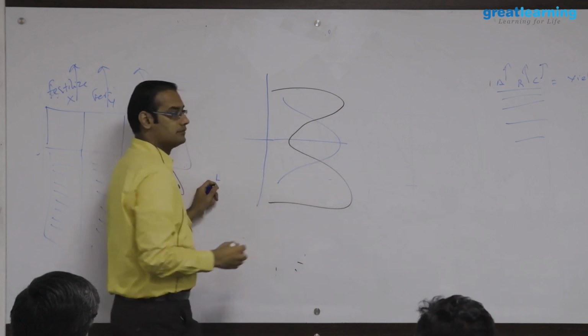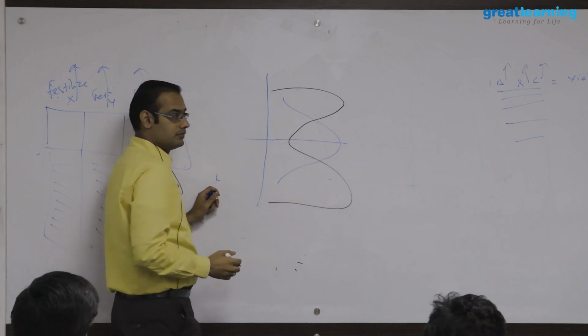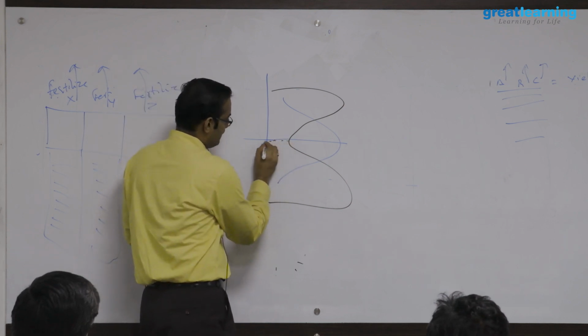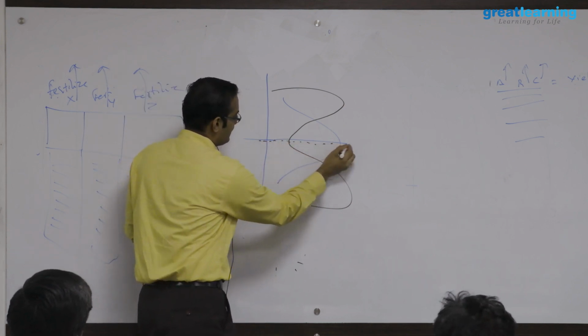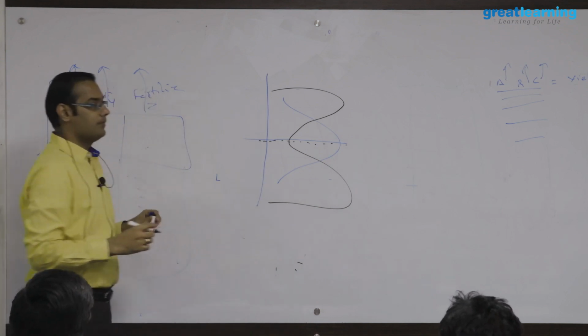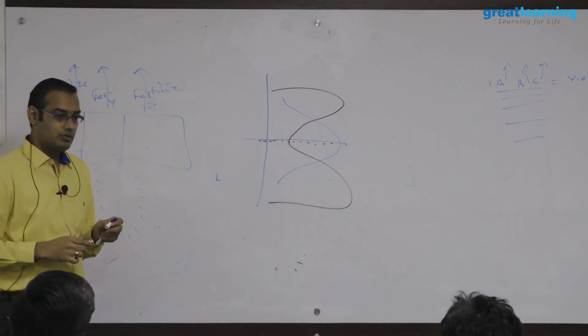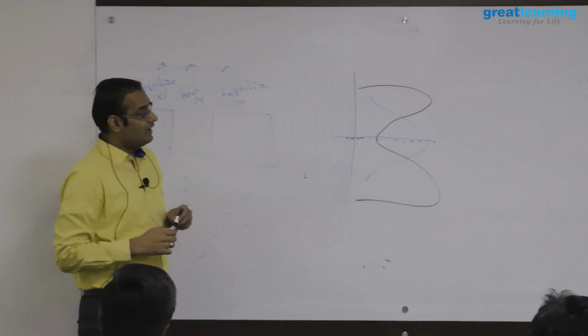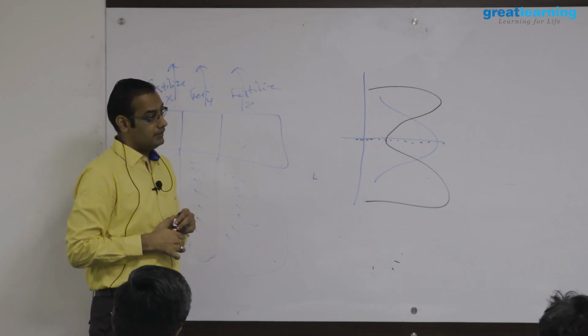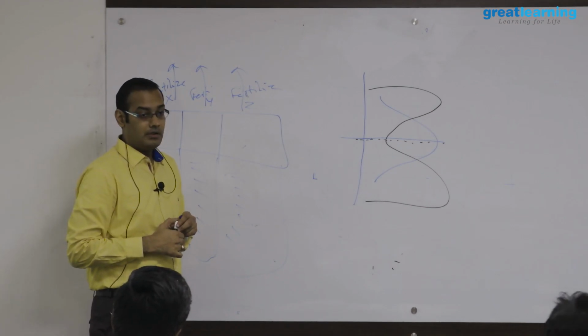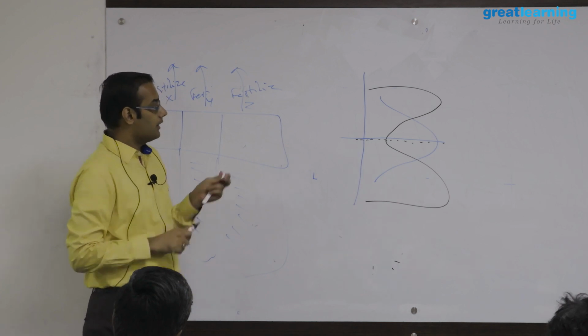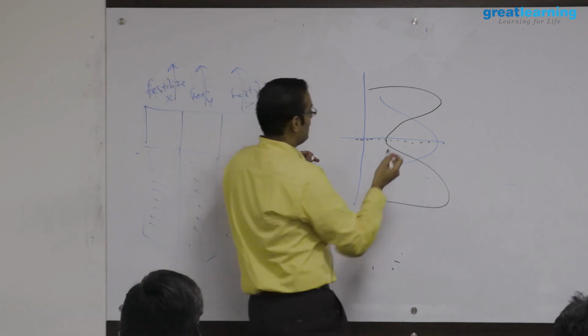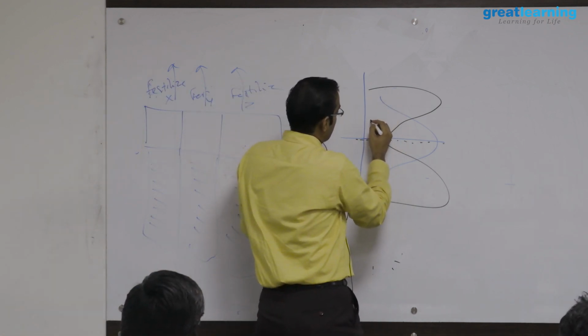Is this. The mean is still coming here. But are these two the same? No. Are their variances different? Yes. Right? And I can have something which is like this.